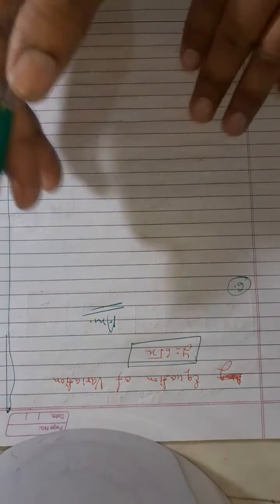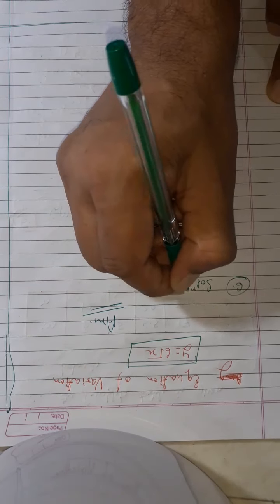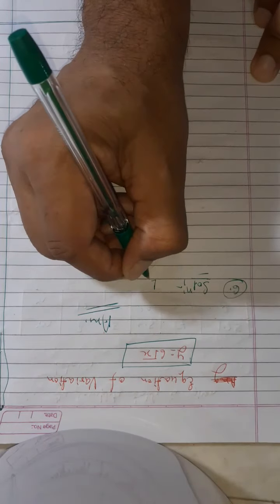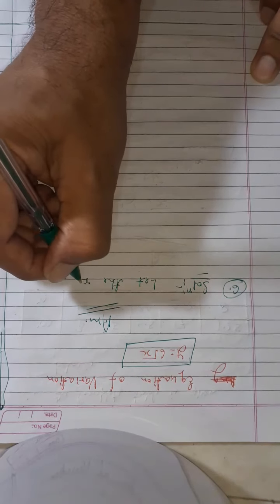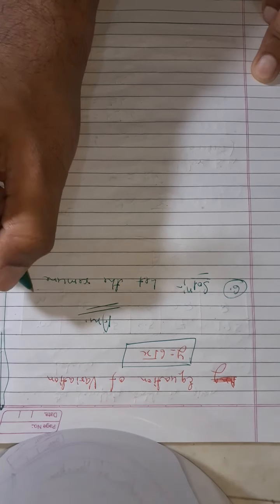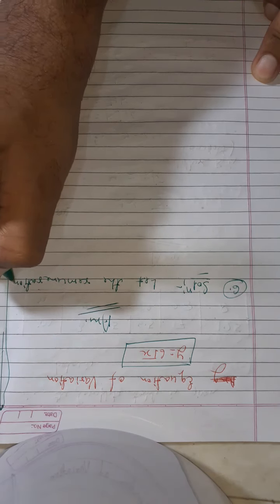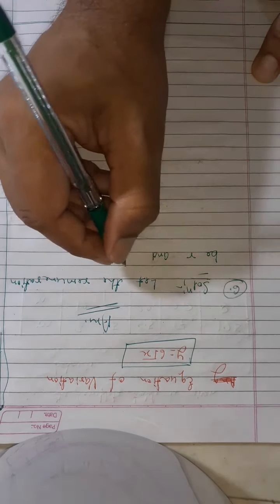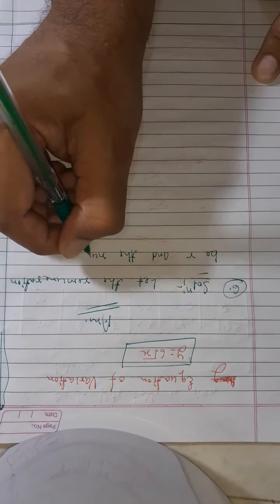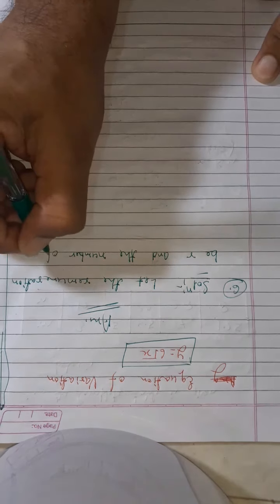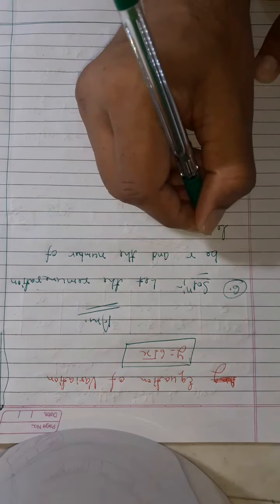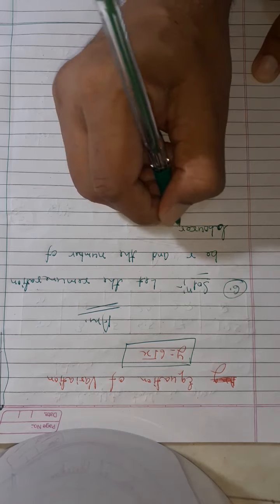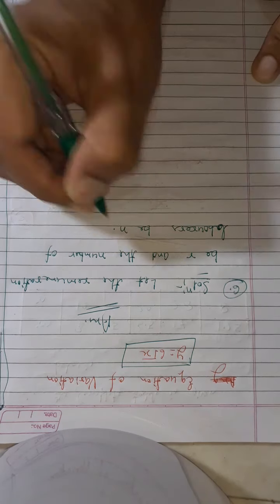Solution. Let the remuneration be small r and the number of laborers be small n.